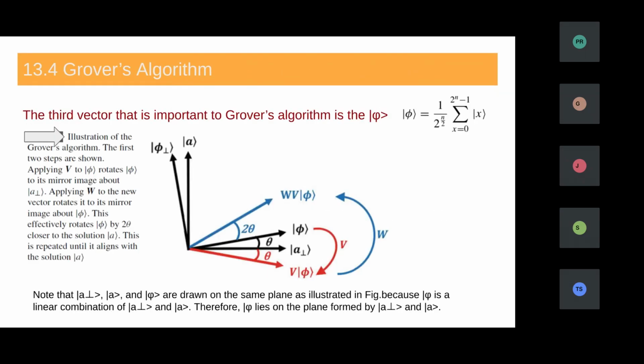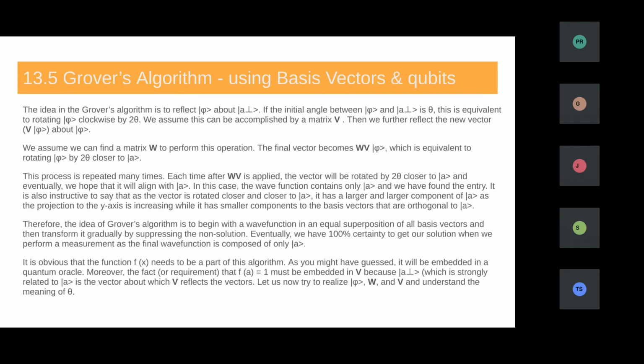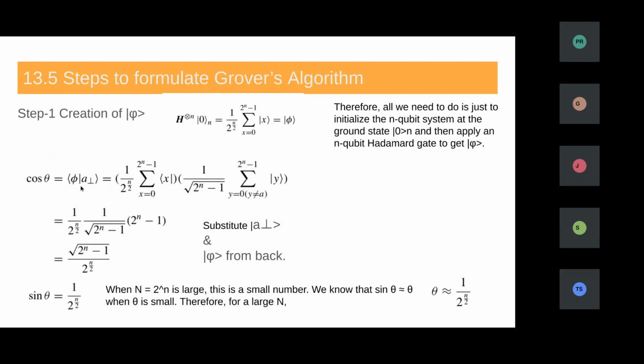So what we are doing is we are taking phi and A perpendicular. This is the theta and this is the angle, and therefore the dot product of this and this is what we are projecting. Sorry, phi is the angle. So projection cos theta is equal to bra phi and ket of A perpendicular, which is what we are getting. And this is what we have to derive.